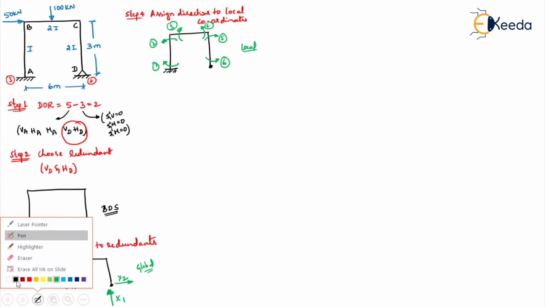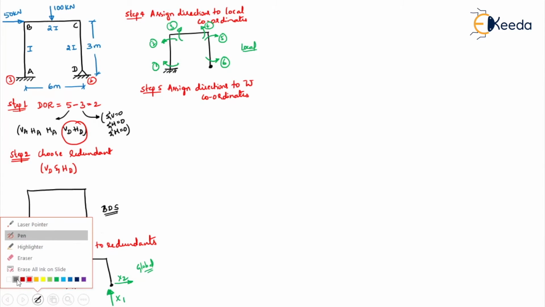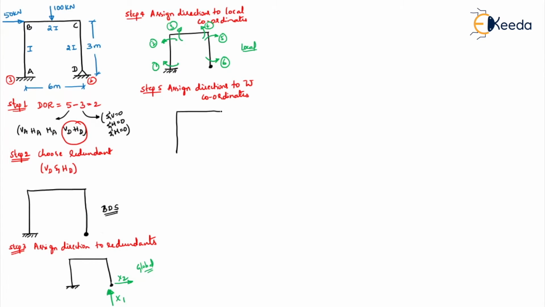So once the local coordinates are assigned, we have to assign the W coordinates. So W coordinates depend upon what? The external loading what we have. Assign directions to W coordinates. Right, how will it look? Now see here there is a horizontal load, so compulsory we have to have a W coordinate there, and here we have a vertical load.